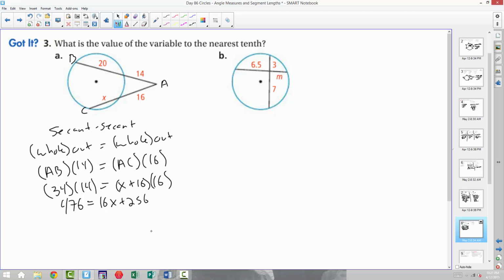So 476 minus 256 is 220 equals 16x, divided by 16. You get 55 over 4. So x is 55 over 4, which is 13.75.